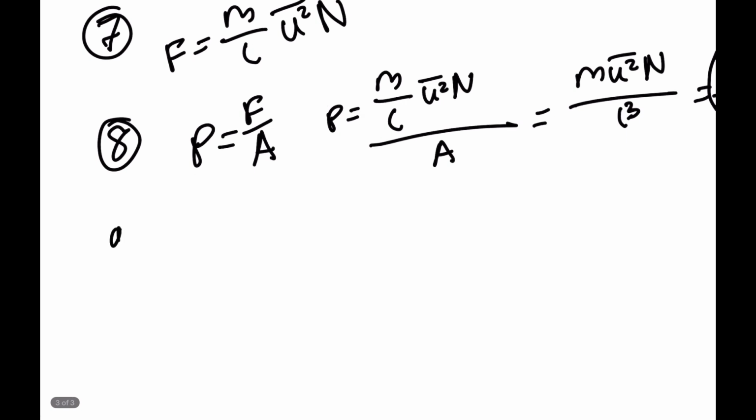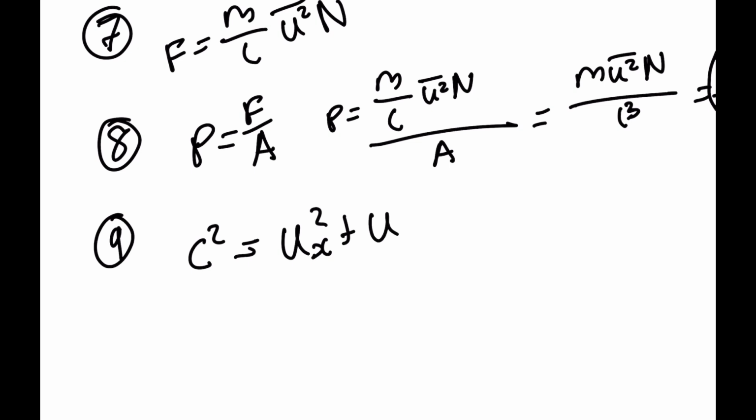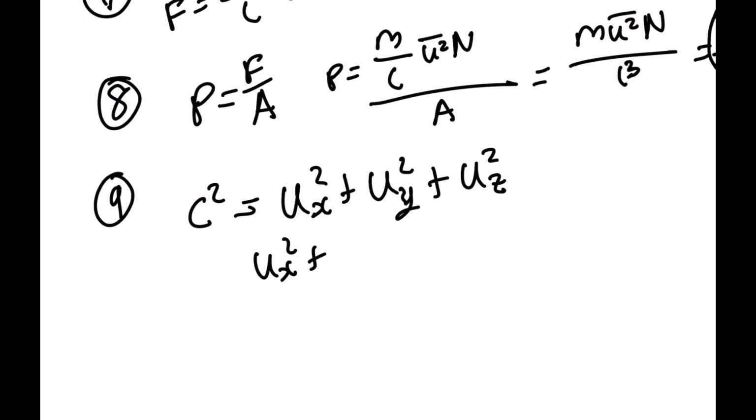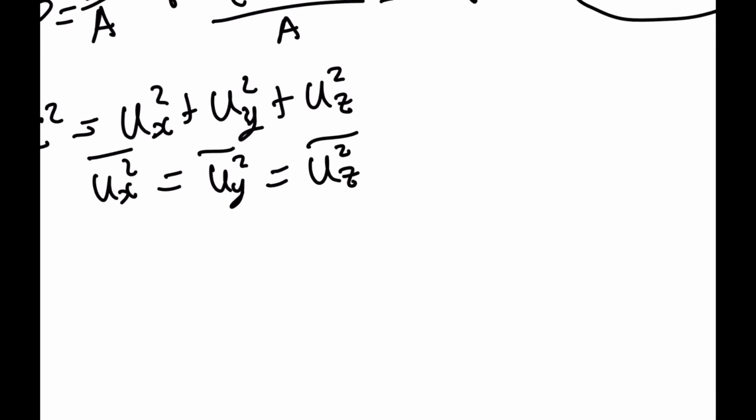Let's expand this to all 3 dimensions in step 9. So in all 3 dimensions, we'll have c squared, which is the 3D speed, is equal to ux squared plus uy squared plus uz squared. And if we assume that the average ux squared is equal to the average uy squared, which is equal to the average uz squared, because of the random motion of the particles, they should all cancel out and have equal speeds in every direction on average, right?